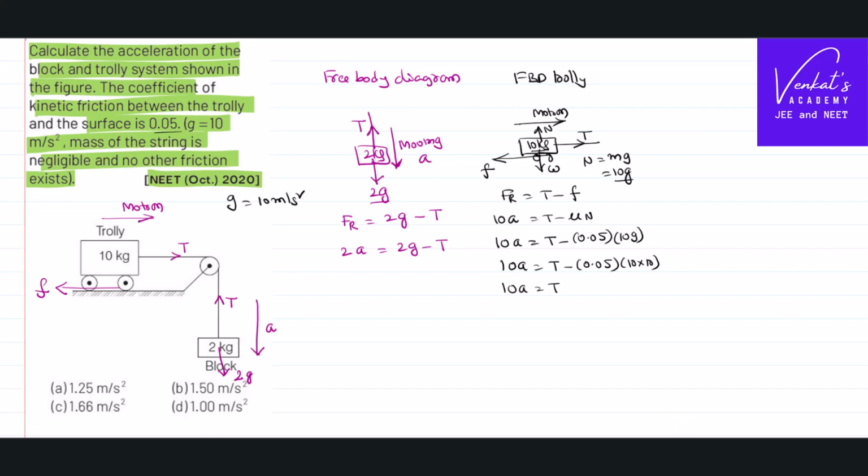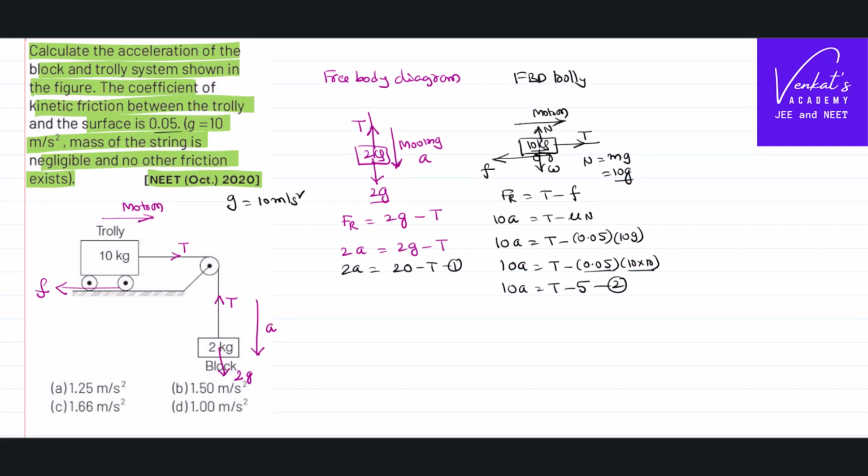So 10A equals T minus, this is 100, this is 5 by 100, so it becomes automatically T minus 5. So I got two equations: T minus 5 is 10A, and the other equation, 2A equals 2g, means 20 minus T. Equation numbers 1 and 2.